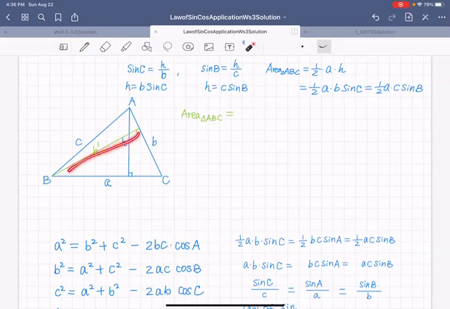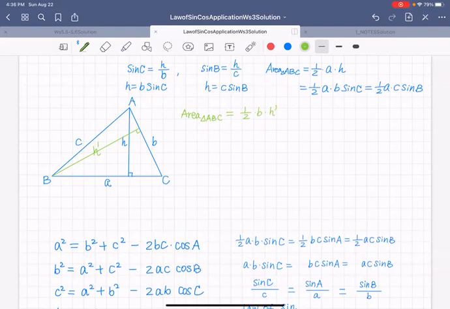Should I write down the formula using B and H prime? Go ahead. It's 1/2 times B times H prime. Correct.